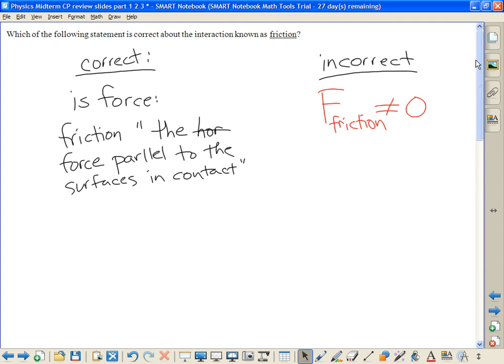How about statements like, sometimes friction can be ignored? That's a true statement. Friction depends on the surfaces in contact. Friction depends on only one of the surfaces in contact. Is that a true statement? No, because an ice skate's very different on ice than it is on carpet.